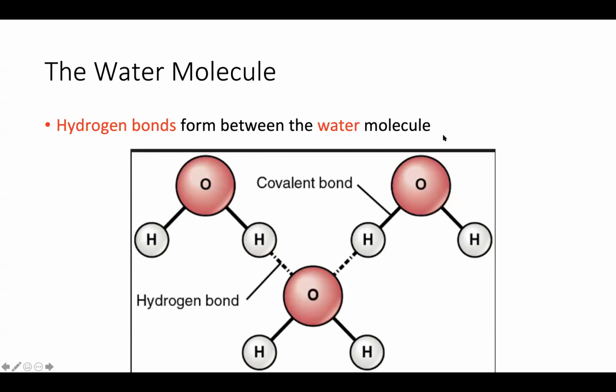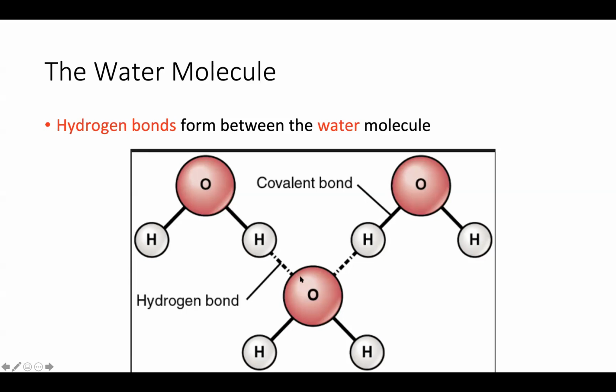So we see hydrogen bonding in the water molecule. I mentioned this earlier. The water molecule is one of the most abundant substances in our bodies, and it is formed with the hydrogen and oxygen elements in this fixed ratio. So we have covalent bonds here represented by this solid line, but these hydrogen bonds are indicated by the broken line.